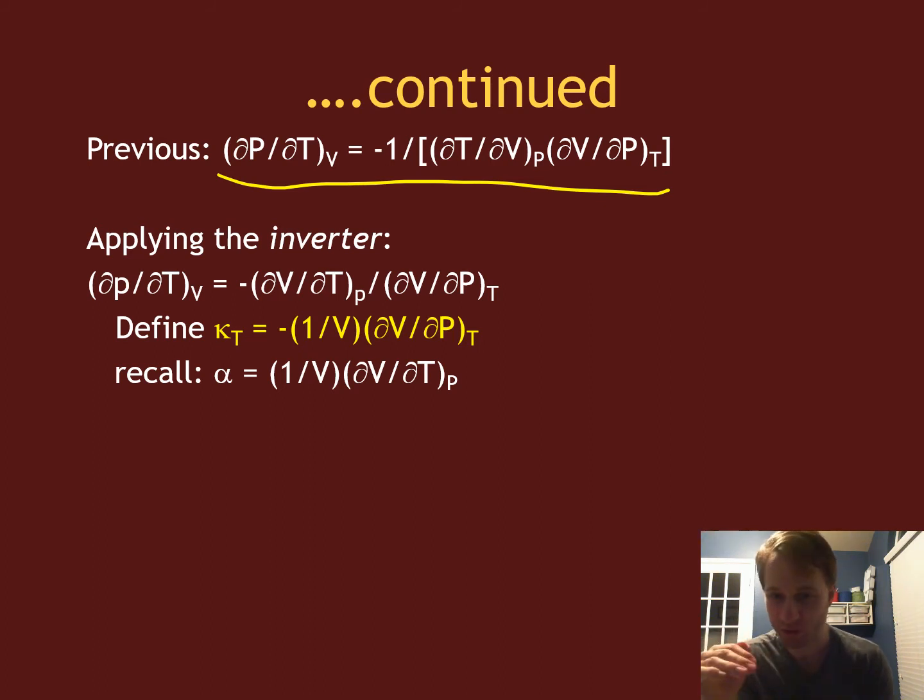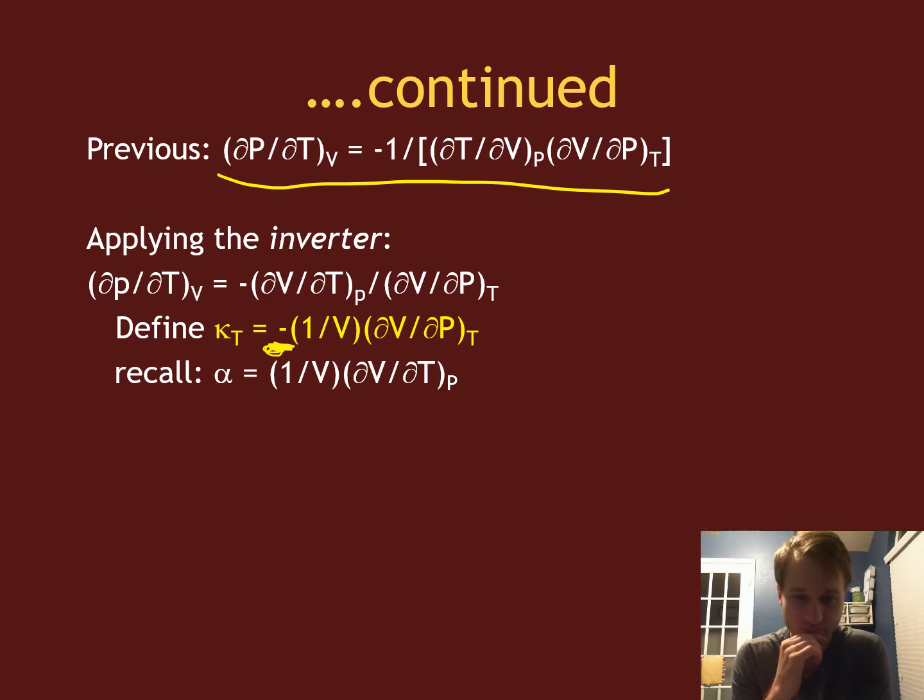Isothermal, constant temperature compressibility. And so this again is defined as a 1 over volume term. Now there's a negative sign in here, so just keep in mind that it's defined with this negative sign. So kappa sub T is negative 1 over the volume times del V del P at constant temperature.